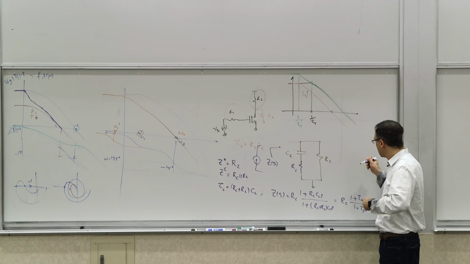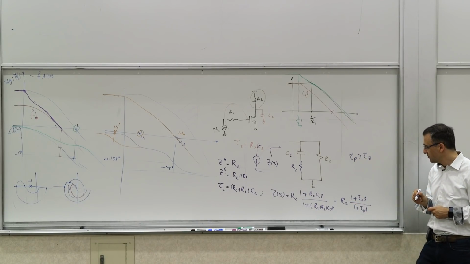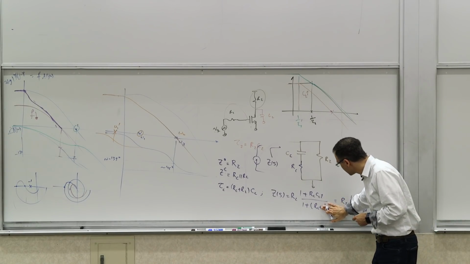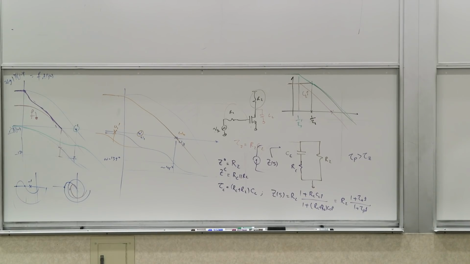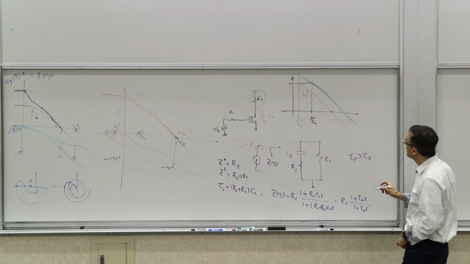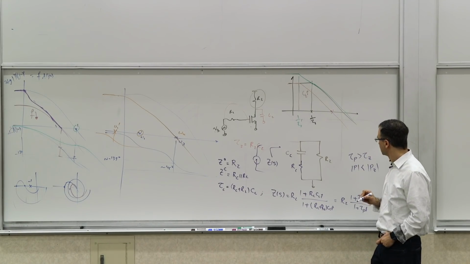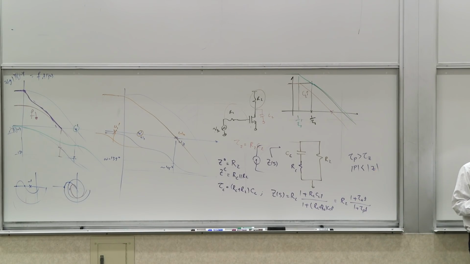We can easily see that tau_p is greater than tau_z, because it has this extra term, R2 CC s. So if that's true, then it means that the magnitude of p is smaller than the magnitude of z, meaning that your pole is at lower frequency than your zero.